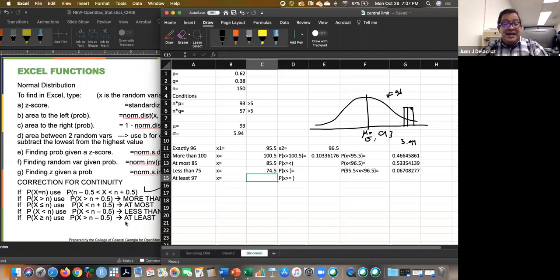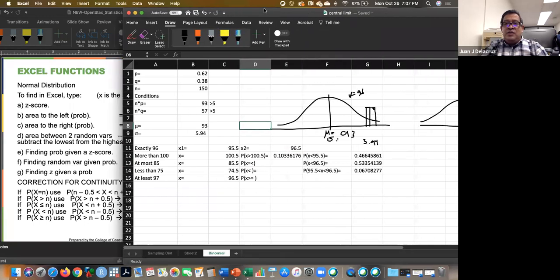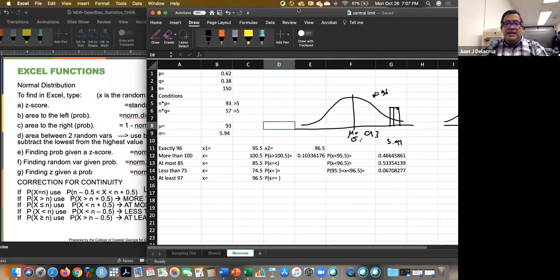And at least means 97 and more. So that means exactly that we are gonna subtract 0.5, right? So the number of 97 is gonna be 96.5, right? So you can compute these numbers and add it to your homework, and that's gonna be the case.